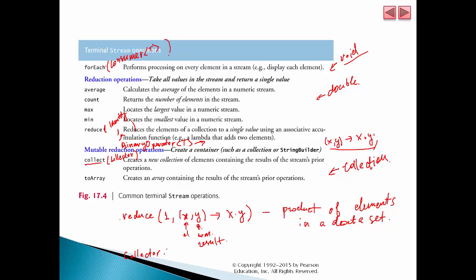The static method toList will return you a collector which will accumulate all the values into a list, into some array list, and then returns the array list as a value to you. Then you can work with this array list. You can iterate through it, or you can do anything you want with it.